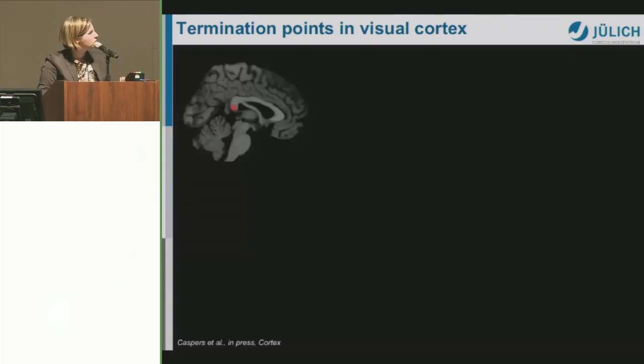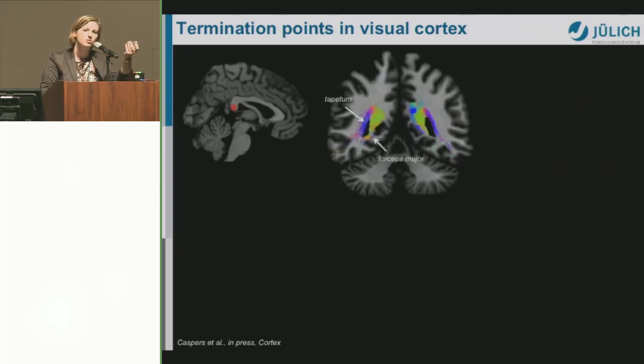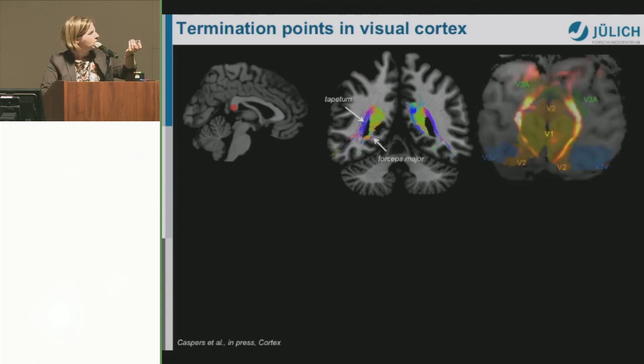And in a recent study, we could show that this is particularly also the case in humans. This was the first hint, but the authors were not sure if this is really true in humans, because they could corroborate some of the transcallosal fibers, others they couldn't. But in a recent diffusion imaging study, we were able to show that particularly those fibers which run around the lateral ventricle via the tapetum and the forceps major indeed end at particular target sites within the cortex.